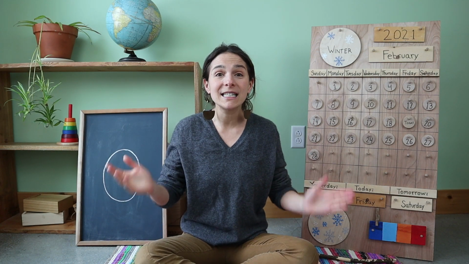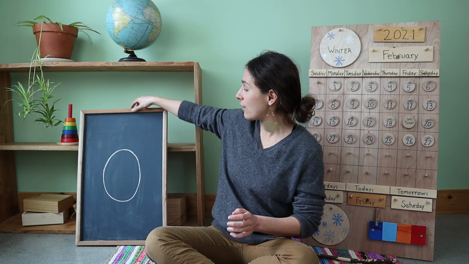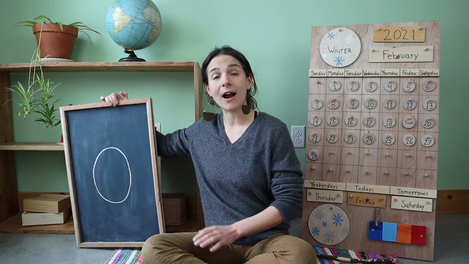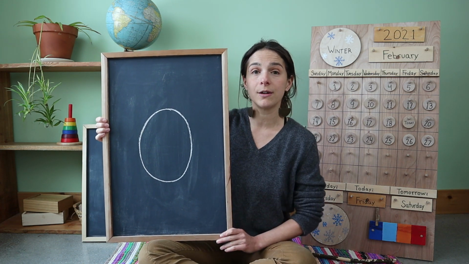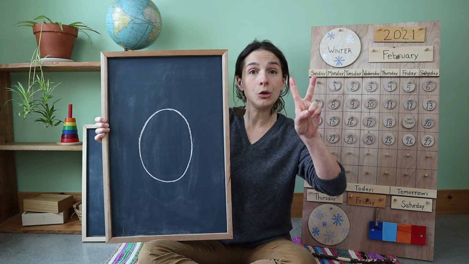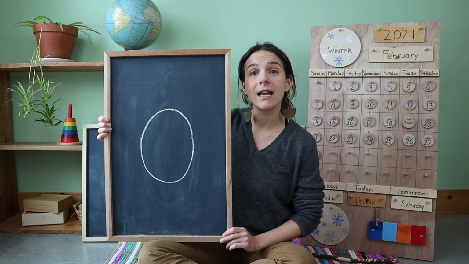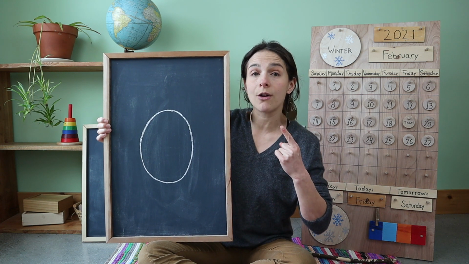Okay, everybody, it's time to move on to the letter of the week. Now, because today is Friday, today will be the last day talking about this letter. Do you remember the 2 sounds that this letter makes? Let's start off with the short sound first.